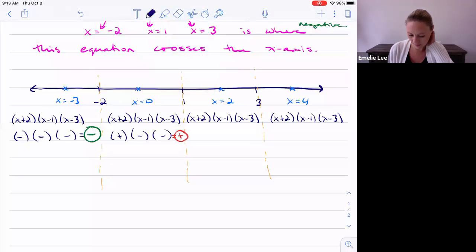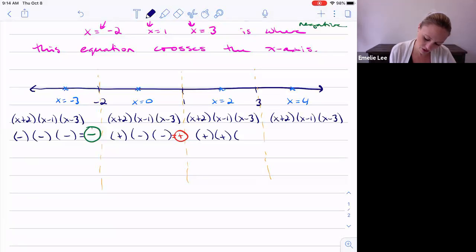Picking up the pace a little bit here, if I let x be 2 in here, then I get a positive. 2 minus 1 is still positive. 2 minus 3, that's negative. So I get positive times a negative makes a negative result.